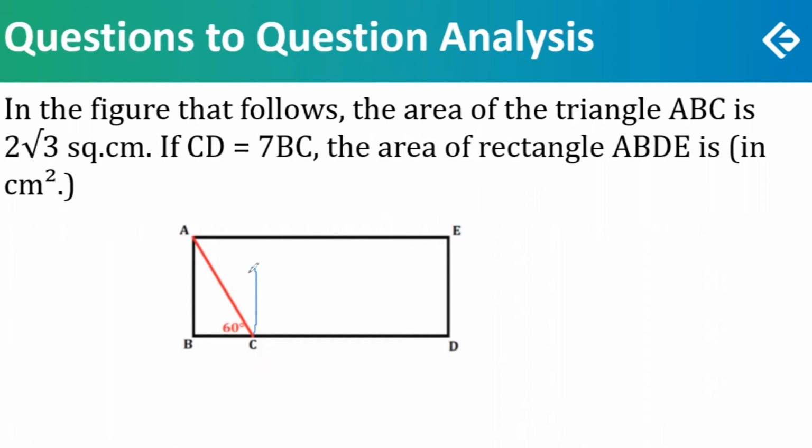So if you form a rectangle here, like this, you know the area of this rectangle, combining 2 triangles. So just double the triangle to get a rectangle. And then CD, as you are told, is 7 times BC. So simply multiply the area by 8, double it, and then multiply by 8, and you will have the area of the rectangle.